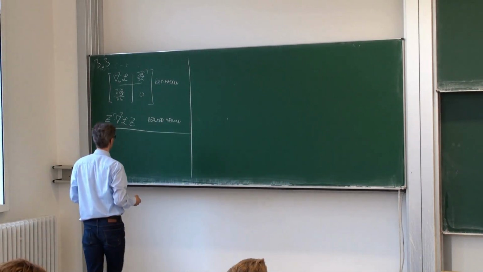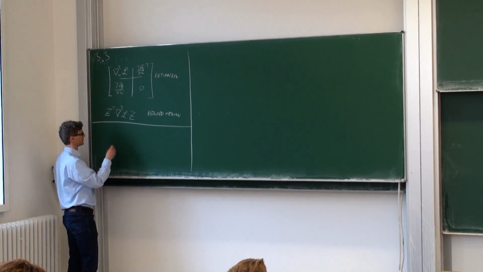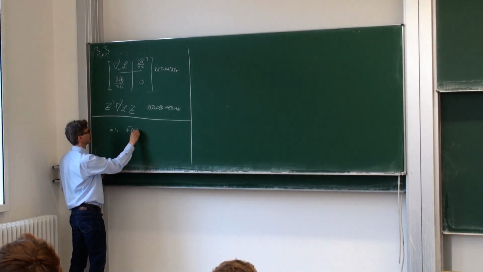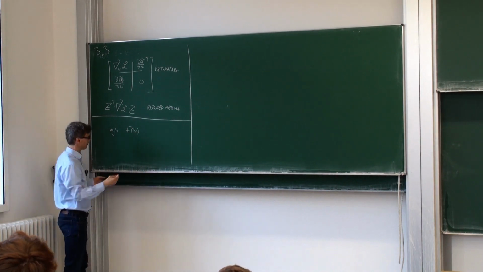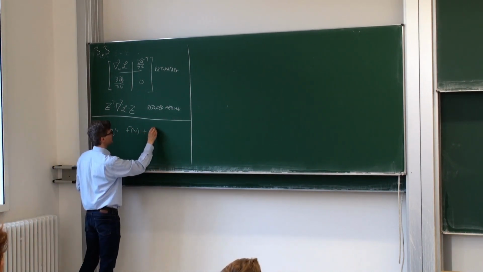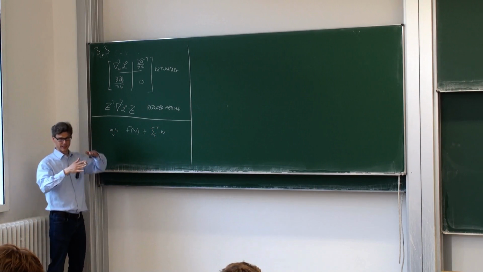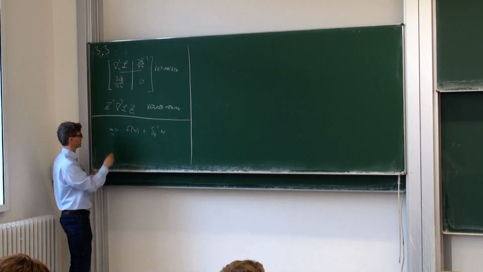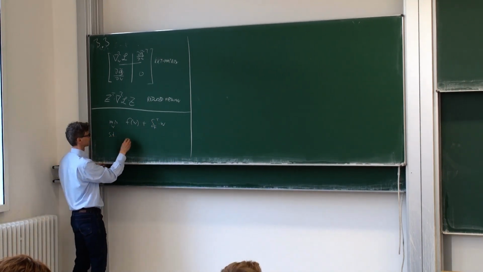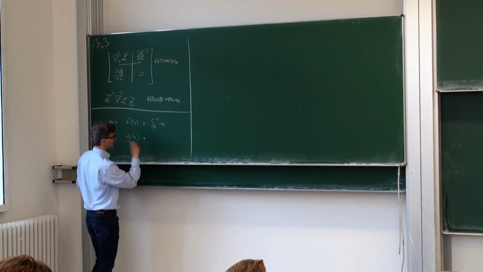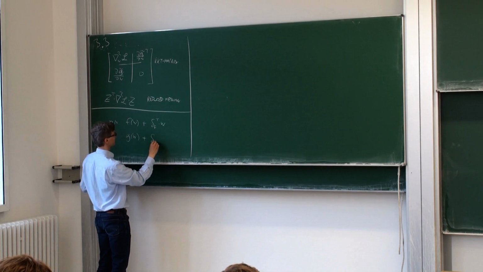And for this I need to repeat what was the result that we cited. So we said that minimizing a function f of w, which is our problem, could be perturbed by adding some small scale vector that I call delta f to the objective, which basically tilts the objective a bit. And we could also perturb the constraints by adding some quantities to the equalities and to the inequalities.